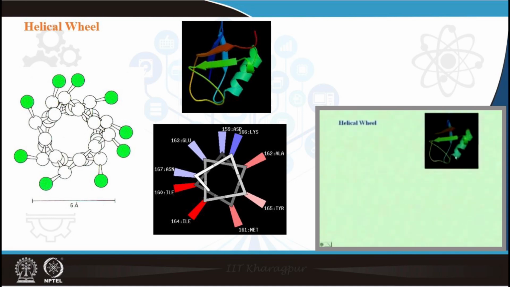Now, if I look at the alpha helix and I know that surrounding here I have solvent, I have particular residues that are actually sticking out from the helix. All my R groups are sticking out from the helix. If I say that this part is associated with the solvent and this part is associated with the core of the protein, what do I expect these amino acid types to be?